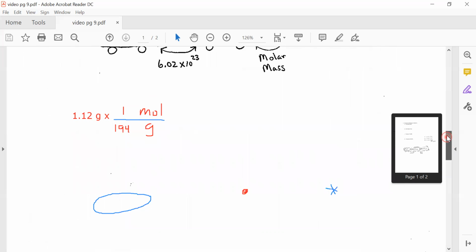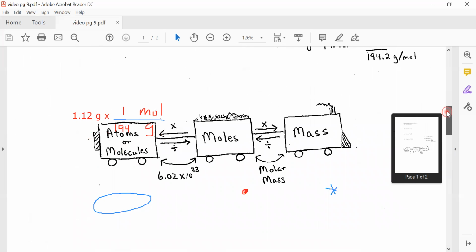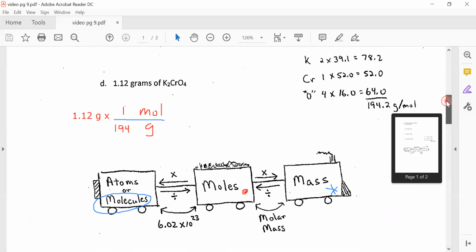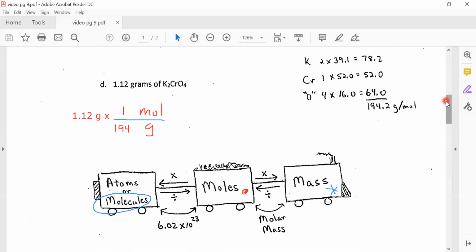So that's what I did to get this molar mass that I'm working with. Now, the formula was K2CrO4, so that's why I multiplied K2 times its molar mass of 39.1. There was only 1 Cr in that, so I multiplied that by 1 times 52.